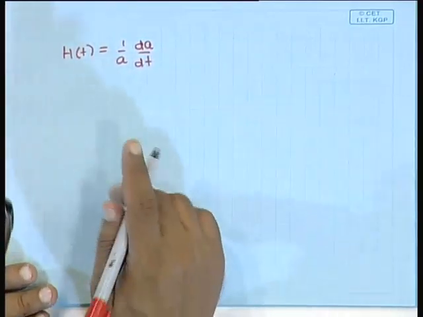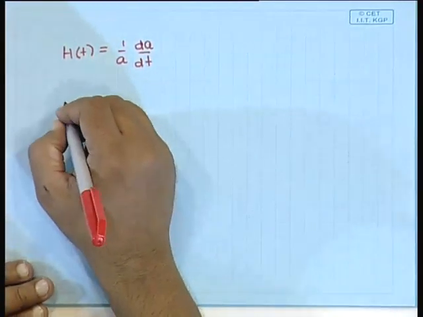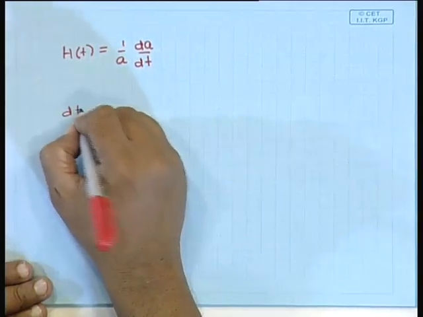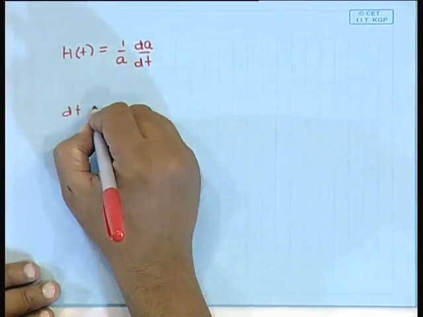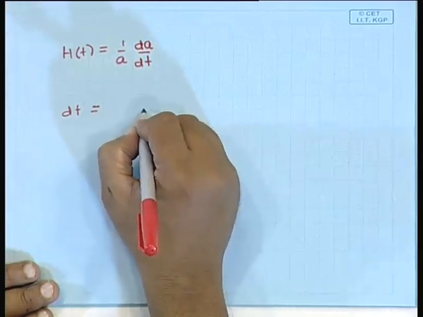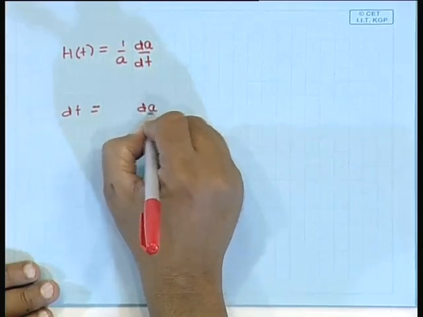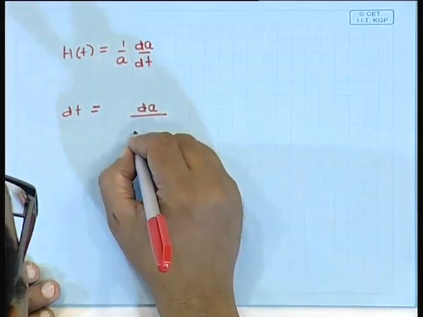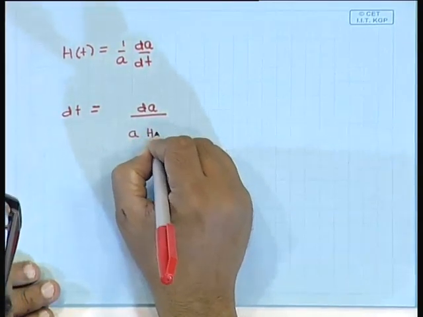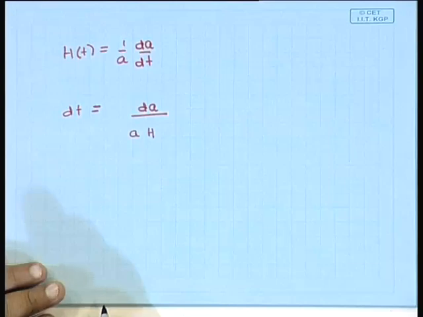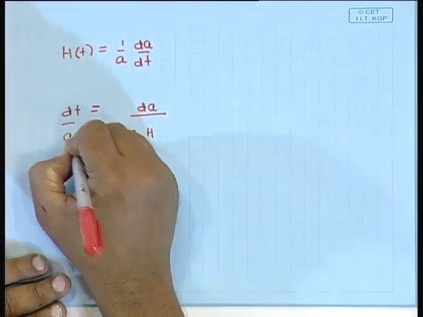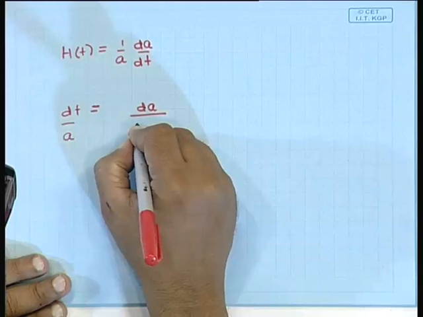So, using this, we can write dt as equal to dA by A into H, or this we can write as this.